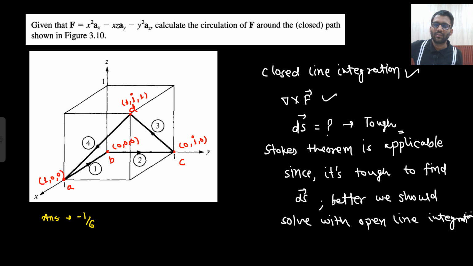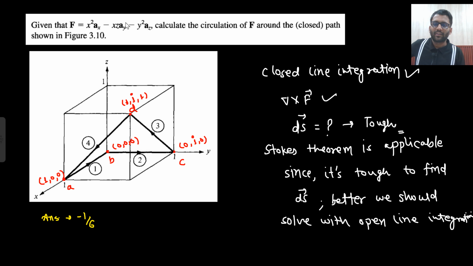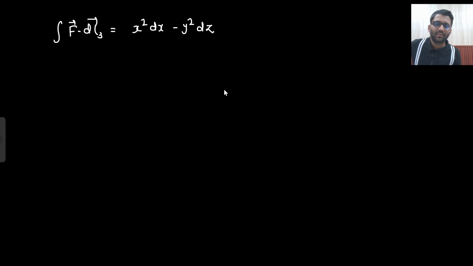So if I need to write f dot dl3, what I'm going to do? So x square dx minus y square dz, right? Because what is my dl3? dx ax cap plus dz az cap.